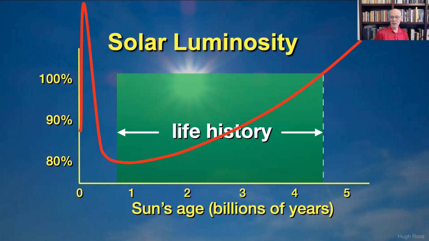And over the history of life on planet Earth, the sun has become about 23% brighter than it was at the origin of life 3.8 billion years ago. And in order to keep life on planet Earth, it's necessary that you have just the right life forms on planet Earth at just the right time, in order that those life forms may draw down greenhouse gases in the Earth's atmosphere.